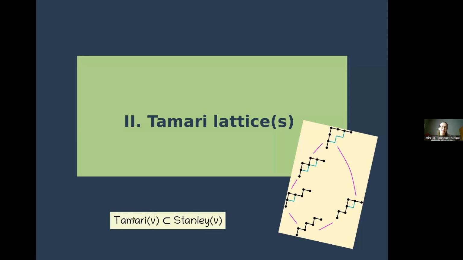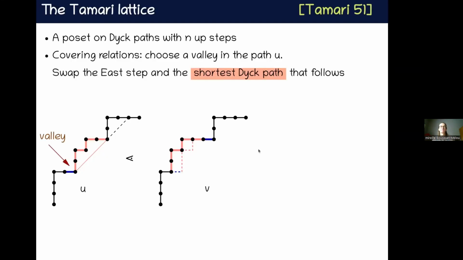And any order relation in Tamari, the Tamari coset, is also an order relation in the Stanley coset. So let me be more precise. So the original Tamari lattice was defined by, of course, v-Tamari.